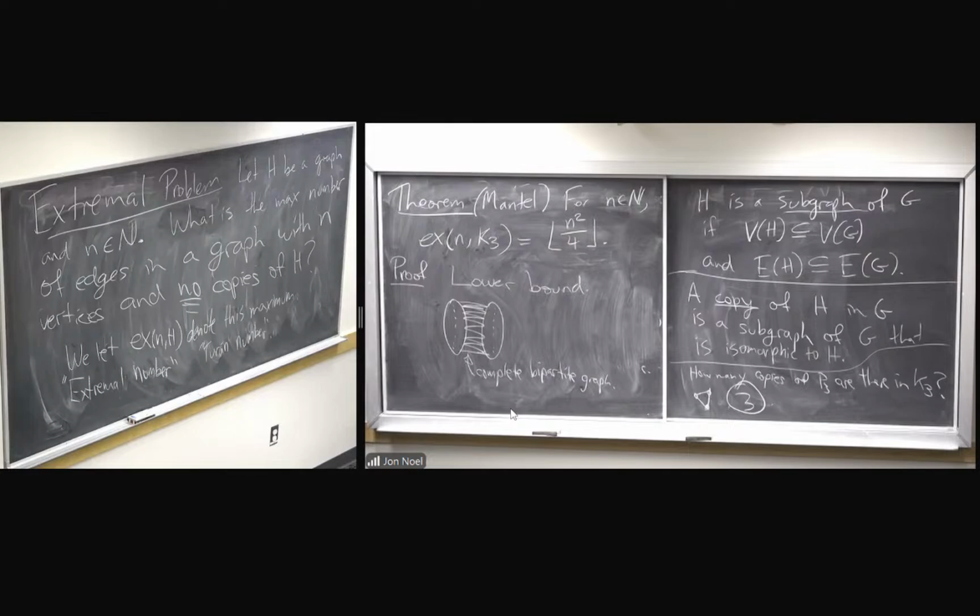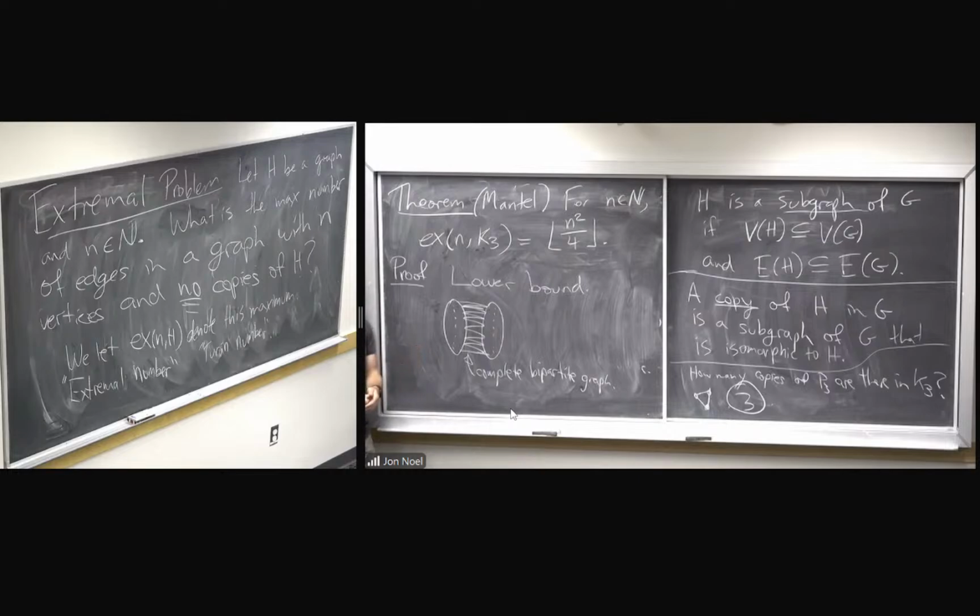Are these concepts familiar? If you have any questions, stop me and ask. But if you think about it, the construction I'm going to take is a complete bipartite graph. I want to have as many edges as possible.